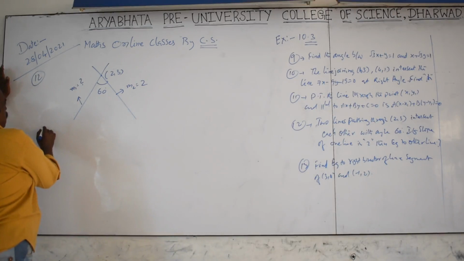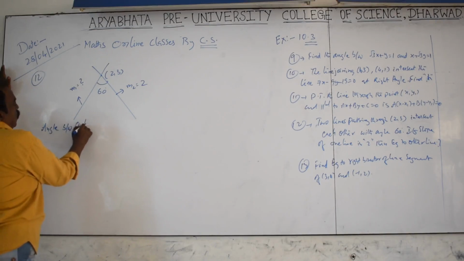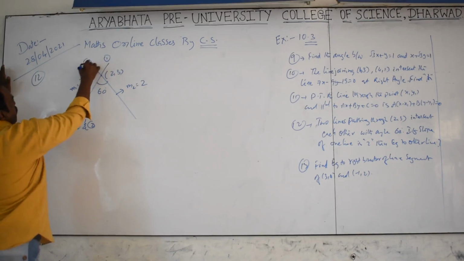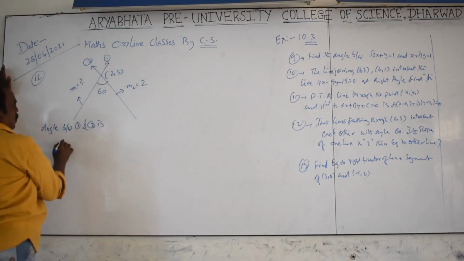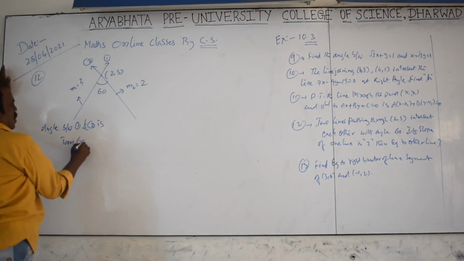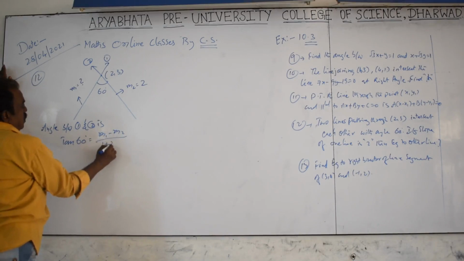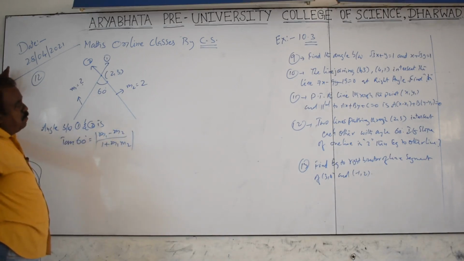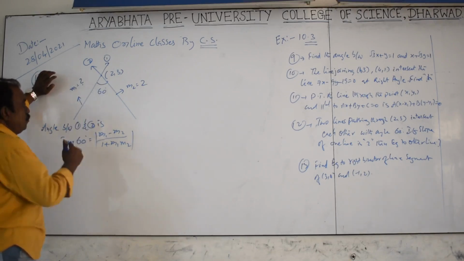You see, the angle between line 1 and line 2, I assume. Yes, tan 60 degrees is equal to |(m1 minus m2) by (1 plus m1 m2)|. In the previous problem we used this one, the very first one.